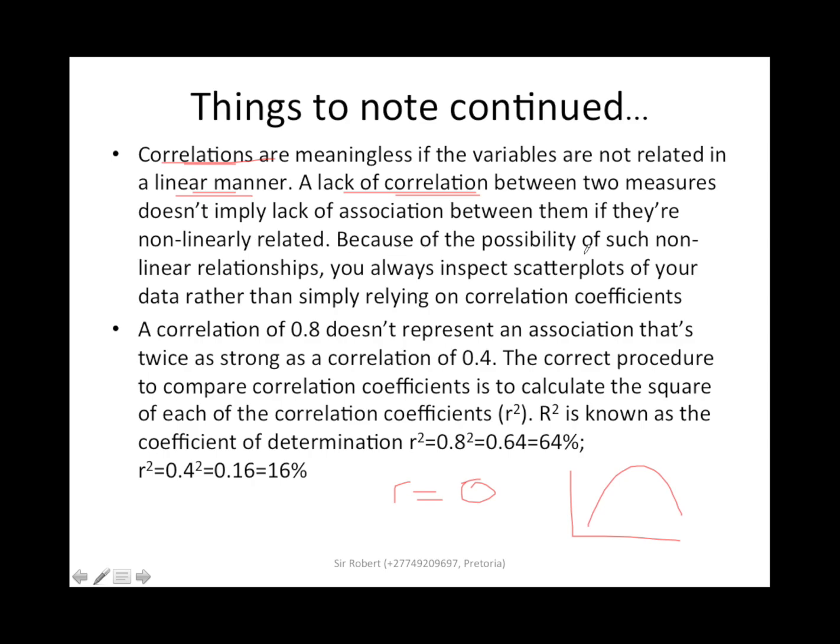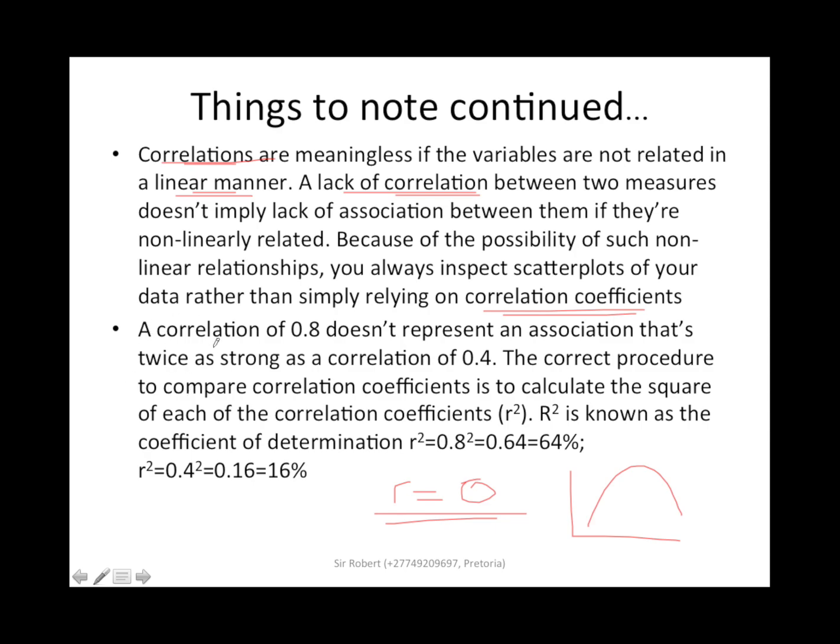Because of the possibility of such non-linear relationships, you should always inspect scatter plots of your data rather than simply relying on correlation coefficients. So if you see that there is no correlation, you should also check your data scatter plot to ensure that there is no other relationship which is not linear.